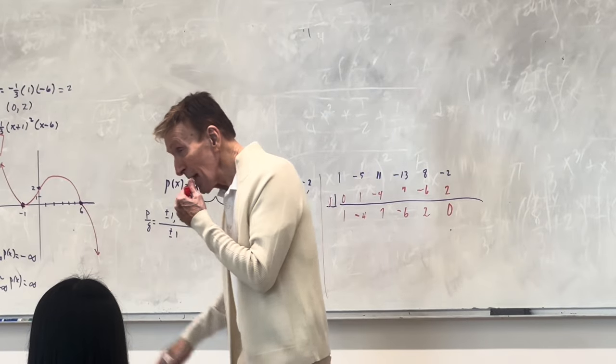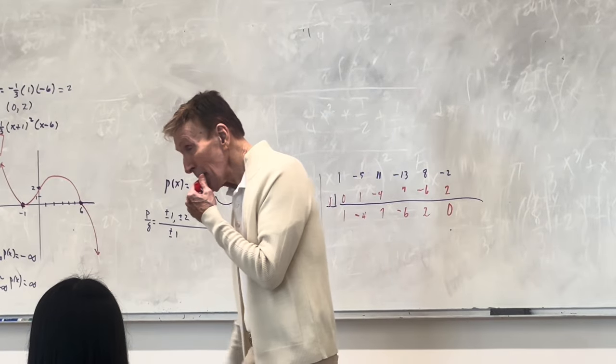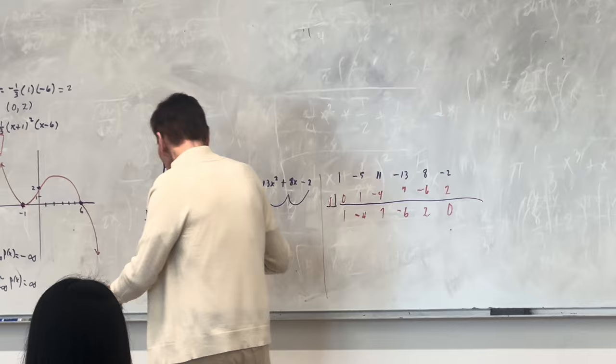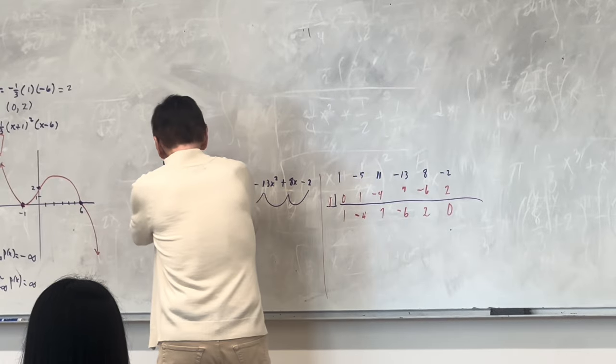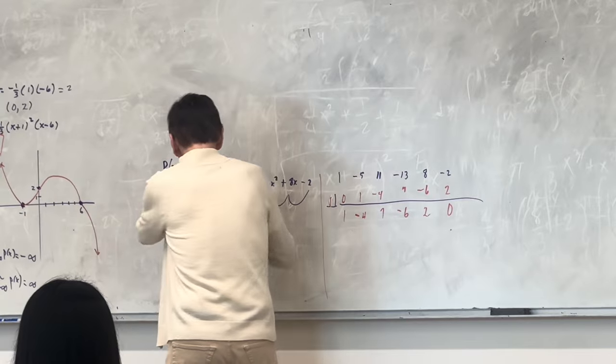So 5 positive altogether, or it could be 3 positives and 2 negatives, or 1 positive. Look at this. We're desperate here on this crazy problem. If you replace x by -x, I'm going quickly. Raise it to the 5th power, you're going to end up with -x to the 5th.